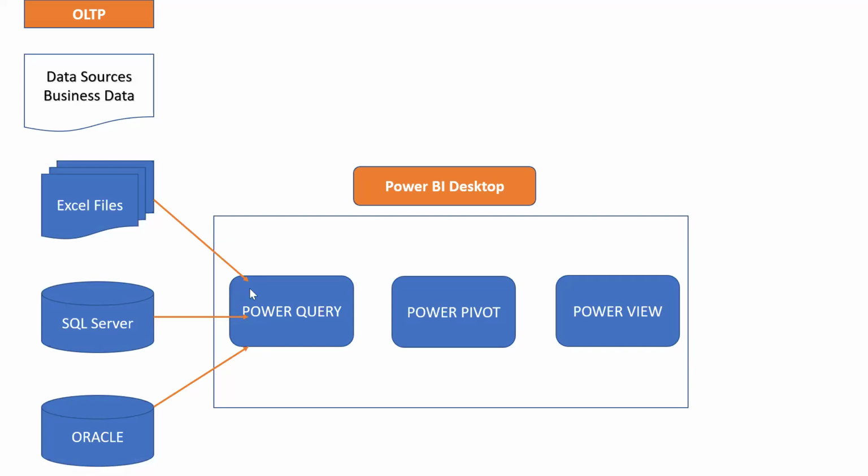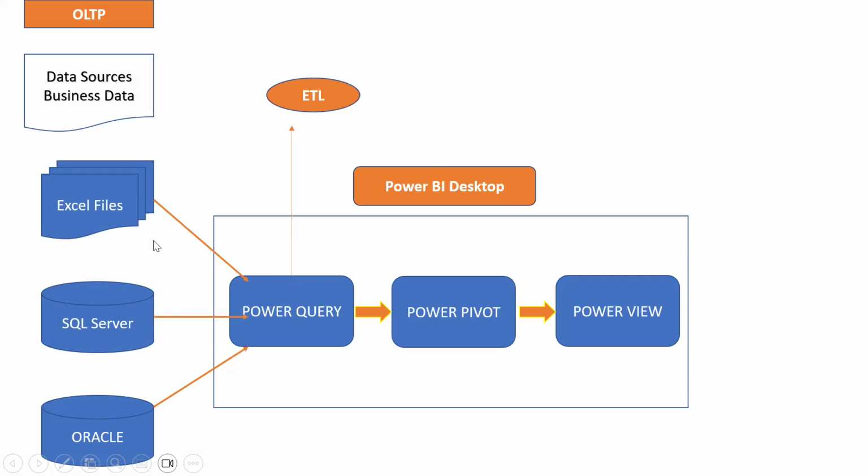If it is in SharePoint, if it is an online website, wherever the data is stored, Power Query has the ability to connect to it very easily and extract the data from there to Power BI Desktop. Okay, so Power Query is called an ETL tool inside Power BI.